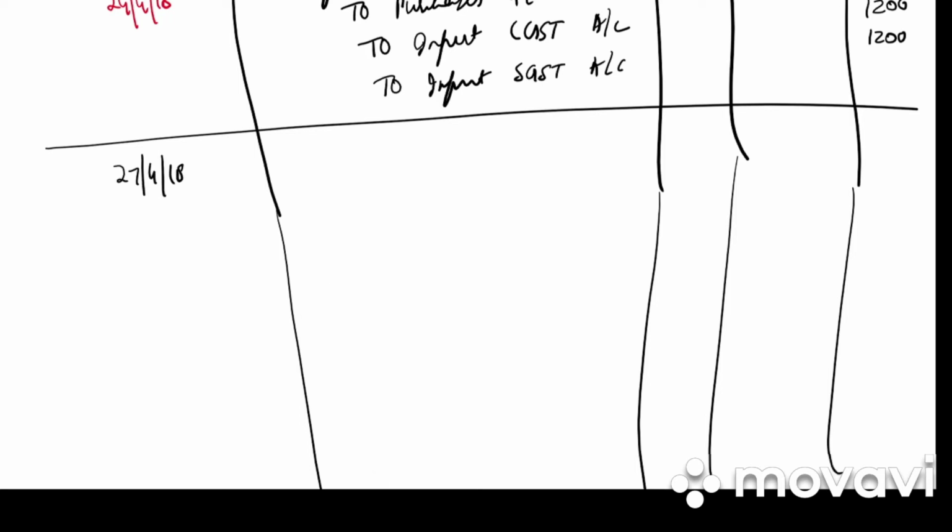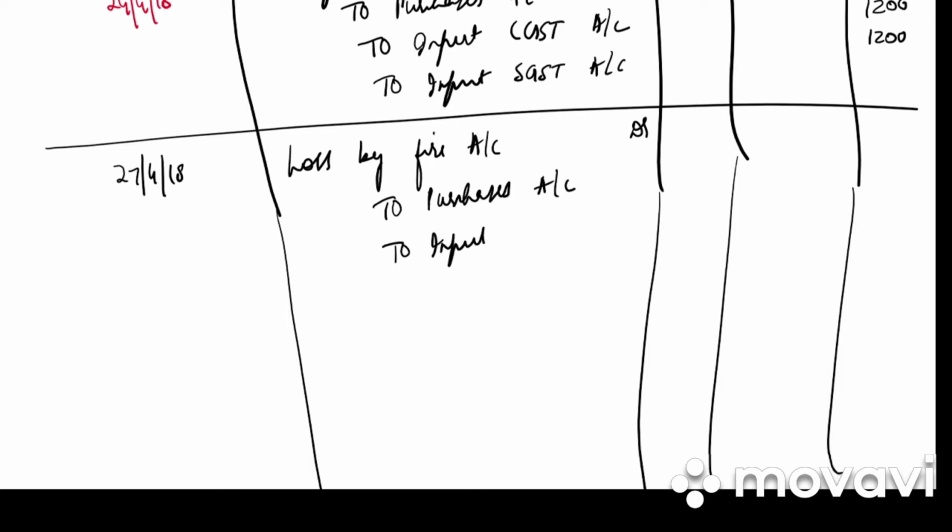Next we have on 27th April, loss by fire. So loss by fire account debited to purchases account, to input CGST account, to input SGST account.